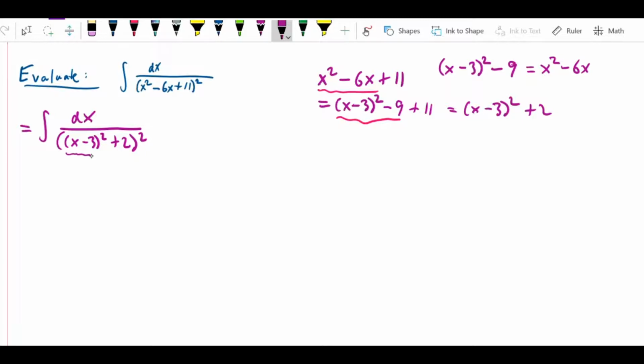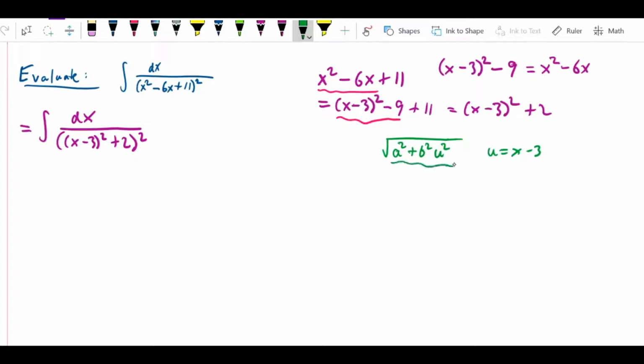The factor of b, I've made it conveniently come out to 1. So the form that we're looking for here is the square root of a squared plus b squared, and I'm going to actually write u squared here because technically it's not x. I'm using some other expression, where in this case u equals x minus 3.